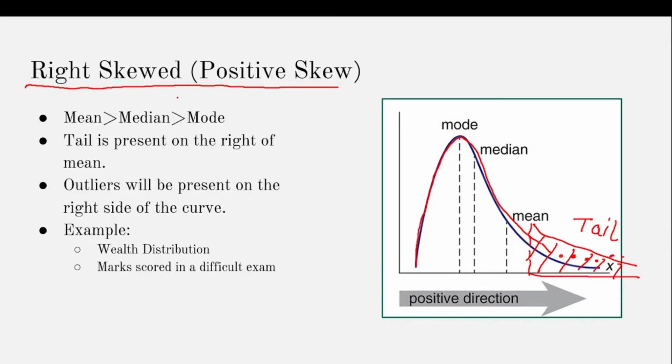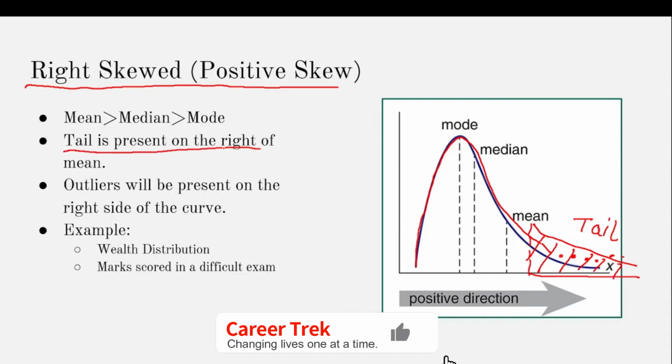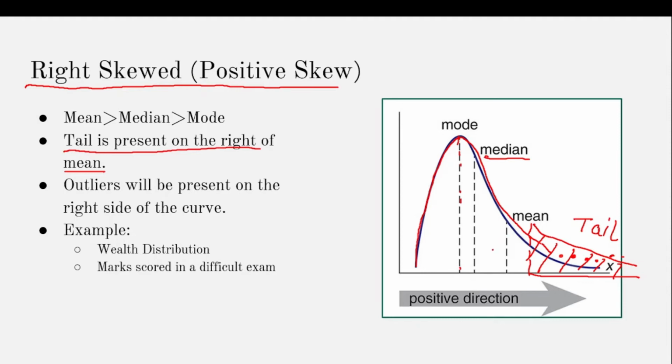For a right skewed distribution, we can clearly see that the tail is present on the right hand side of the mean. For any distribution, we know that the mode represents the point with the highest frequency, or the peak of the graph. So the mode will represent the peak. Median represents the center point.